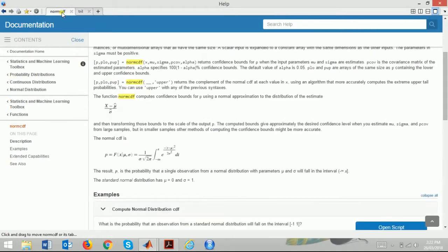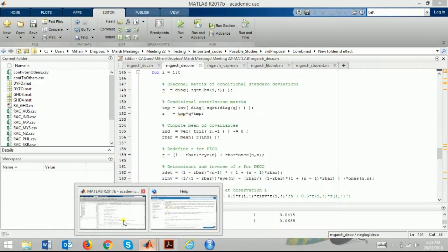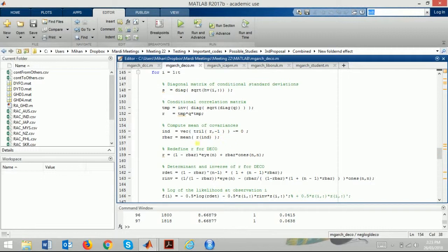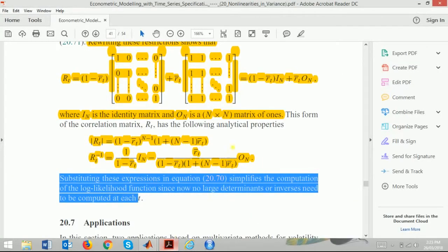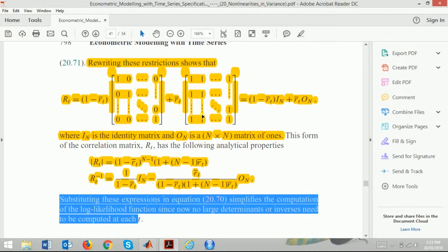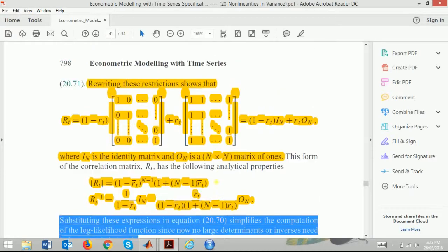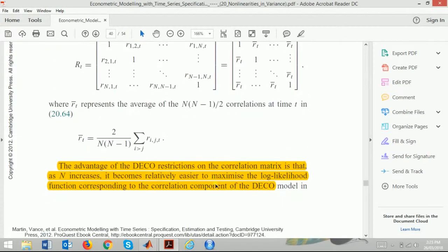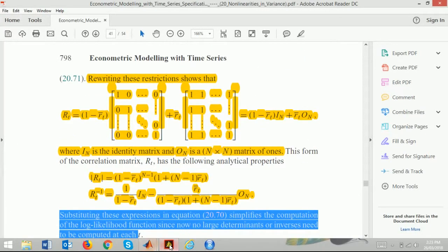Okay, makes sense now. The lower triangular part of R minus 1, which is equivalent to 0. So the ones are located, and it gives you something like this, right? In the lower triangular part you have ones.